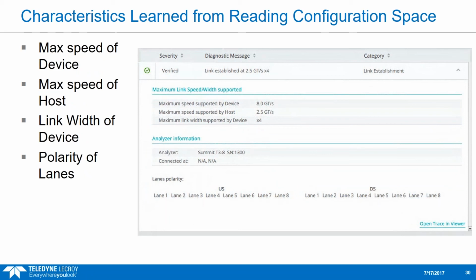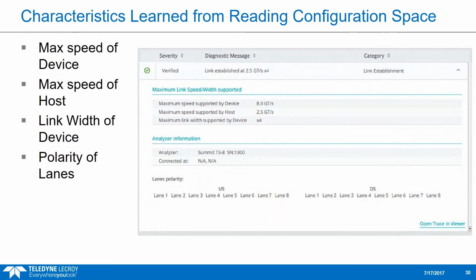One of the important things about understanding the capabilities of your device is reading the configuration space. LinkExpert will do that. It will determine the maximum speed of the device, the maximum speed of the host, the link width, polarity, all those issues, and report that to you.